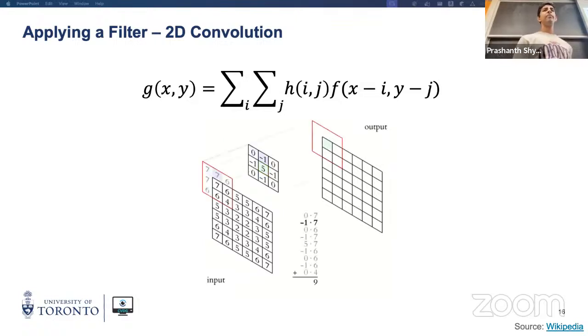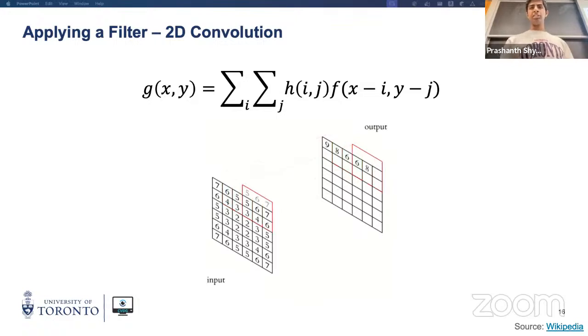So we can apply filters to do all sorts of operations on images, such as blurring, figuring out gradients, and much more. But that's the general formula. This animation is just to give an intuitive understanding of what's going on when I mention applying a filter.